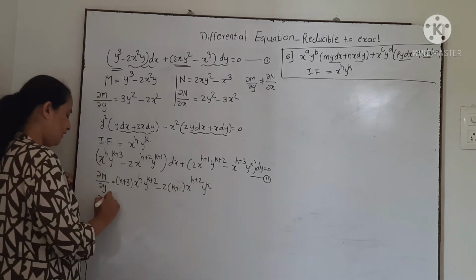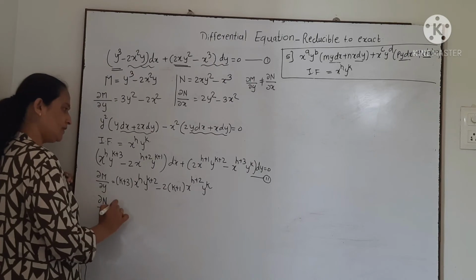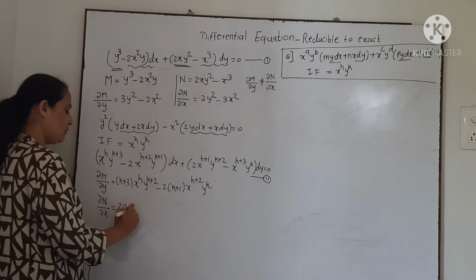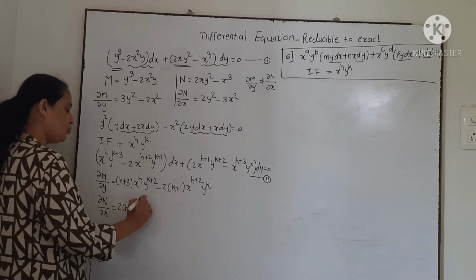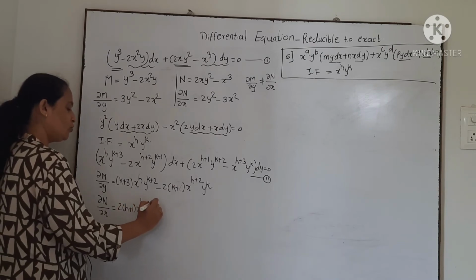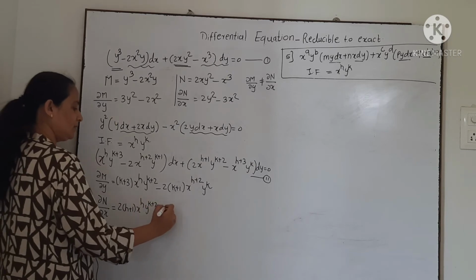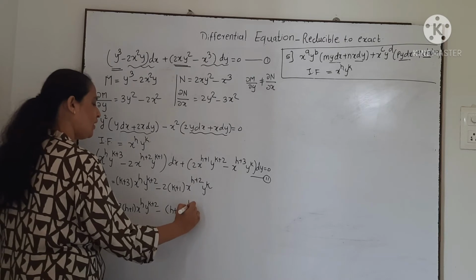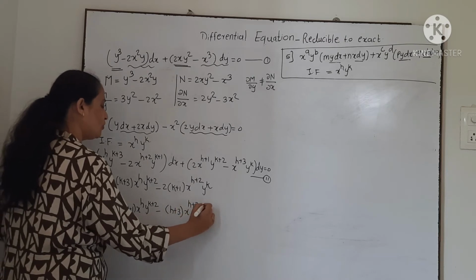Now if I find derivative of n with respect to x, it is 2 h plus 1 x raised to h y raised to k plus 2 minus h plus 3 x raised to h plus 2 y raised to k.